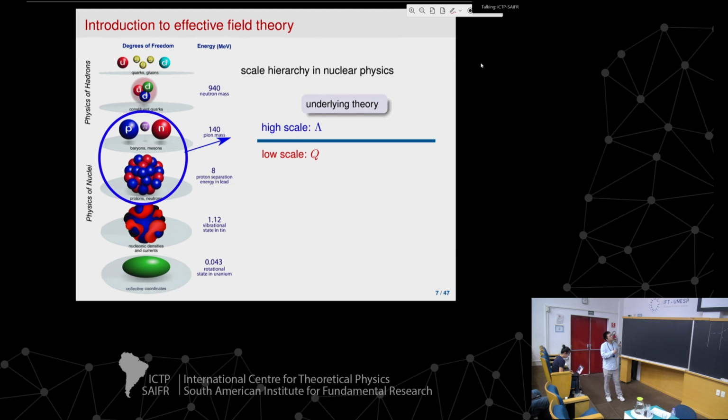If you focus on atomic nucleus systems, then you have a separation of the high momentum scale, lambda, and the low momentum scale, Q. Above this high momentum scale, you have short-range interactions or even higher energy physics.